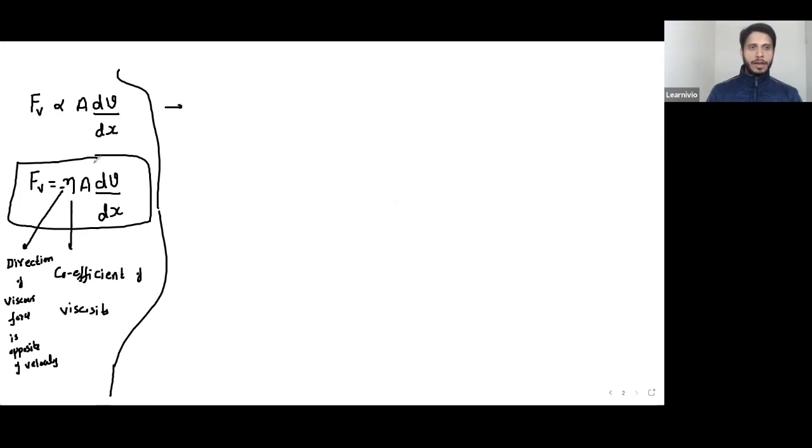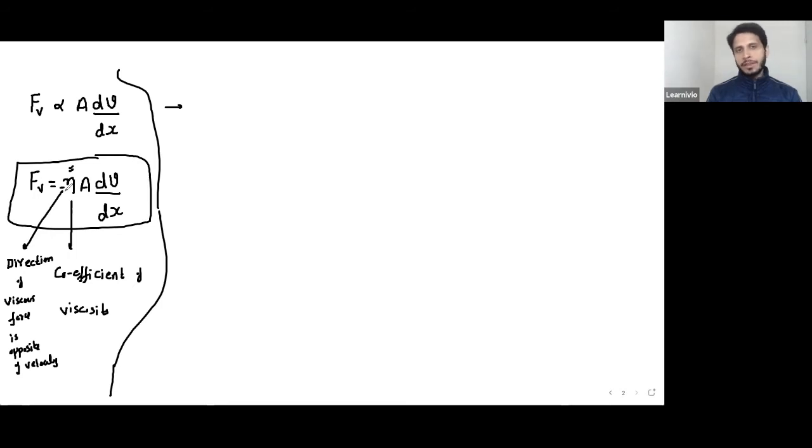Next thing, you can also calculate the unit of this coefficient of viscosity. But I'm writing just one more thing. This coefficient of viscosity basically defines the effect of the medium on viscous force. For different types of medium, like if you have water, the viscosity is different. Different mediums have different viscosity, just like density.